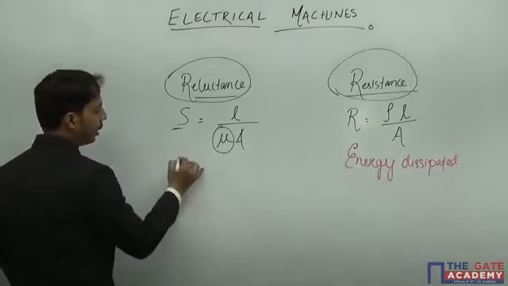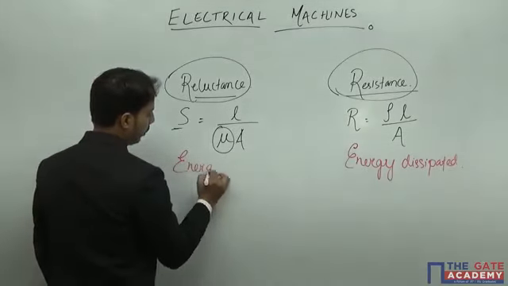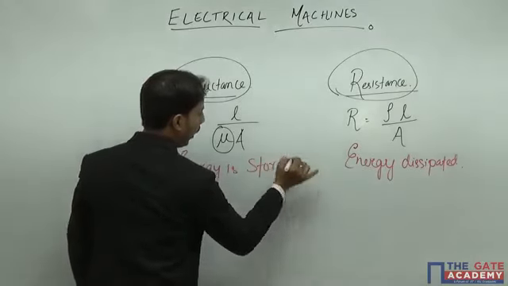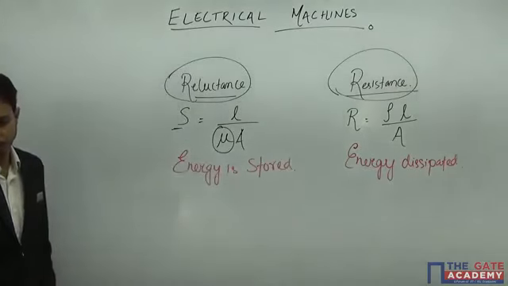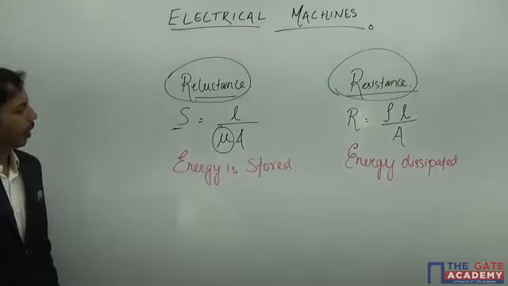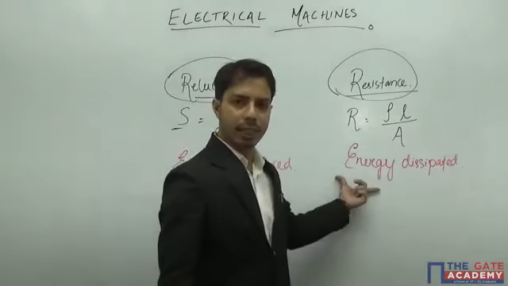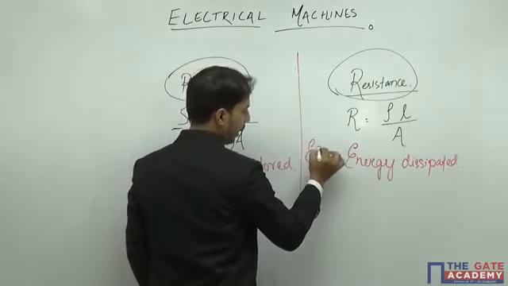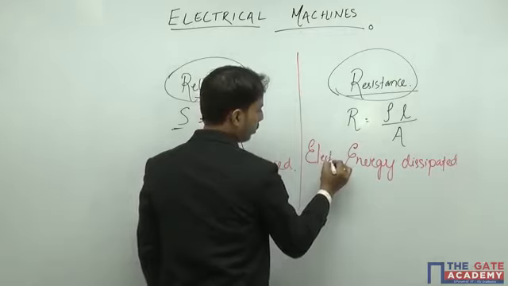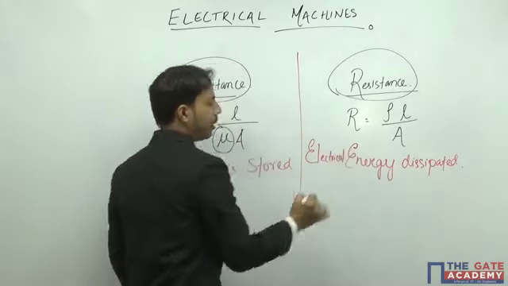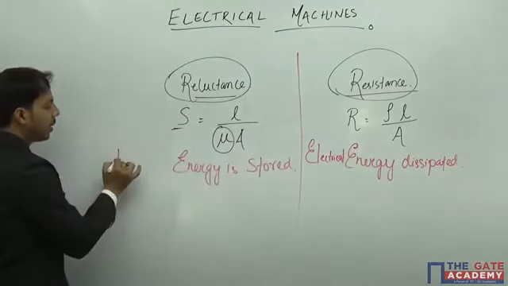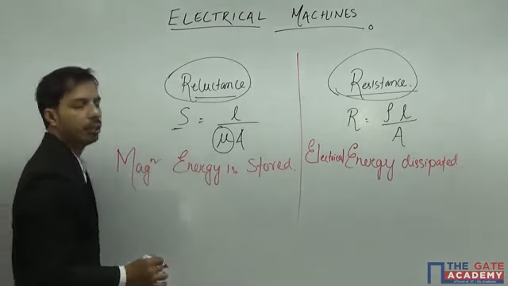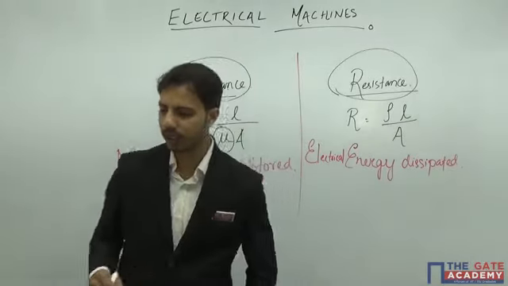In reluctance, the energy is stored. Here, since it is an electrical circuit, electrical energy will be dissipated. Here, magnetic energy is stored. Okay, this is important.